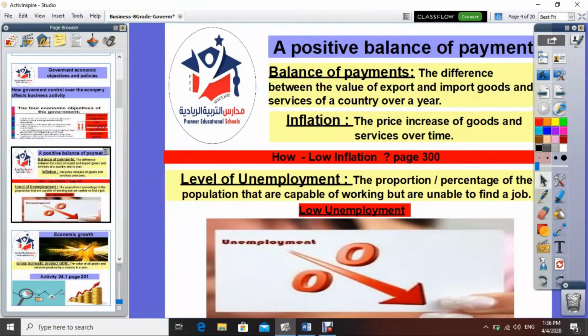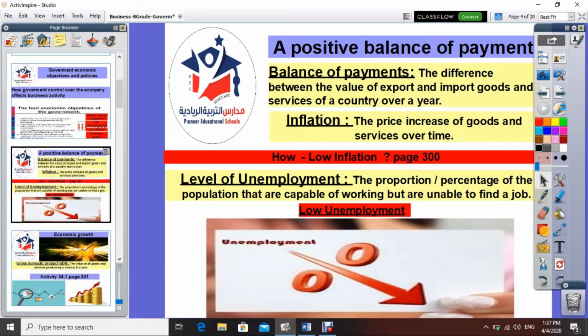Here we are talking about how government control over the economy affects business activity. Let's start with a positive balance of payments. The balance of payments of a country is positive when the value of exports is greater than the value of imports. This is called a balance of payment surplus. The goods and services sold by one country to other countries in return for foreign currency are exports.